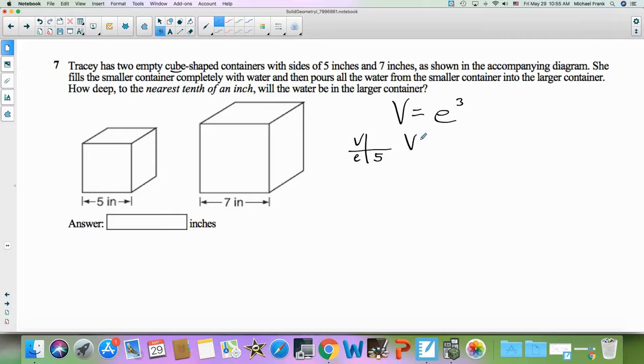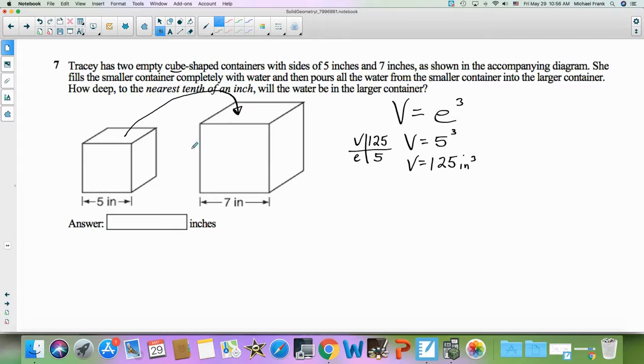So some of you might even be able to do this in your head, because when you take 5 inches to the third power, it's 5 times 5 times 5, which is 125 cubic inches. I like to write inches cubed. So our volume here is 125 inches cubed of water that is coming from this smaller cube.